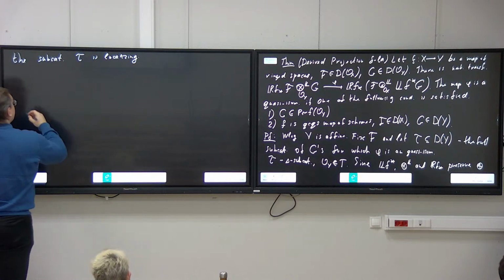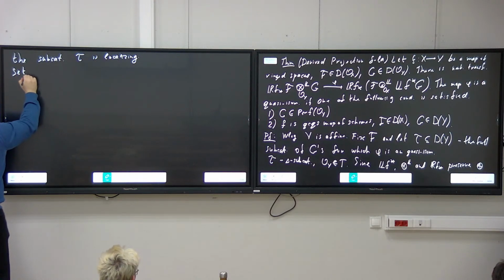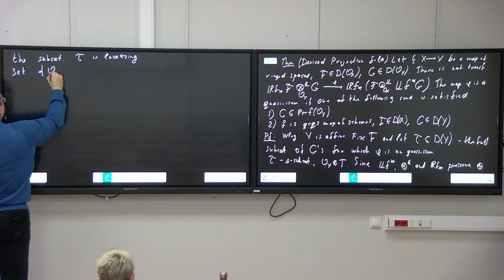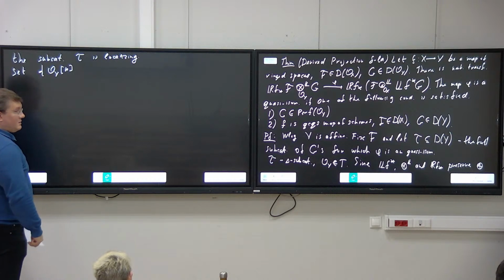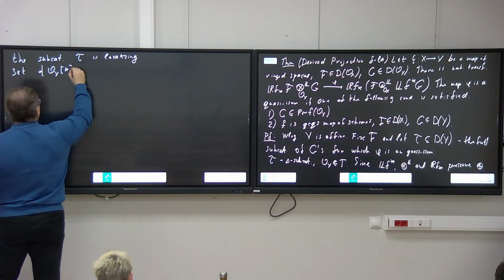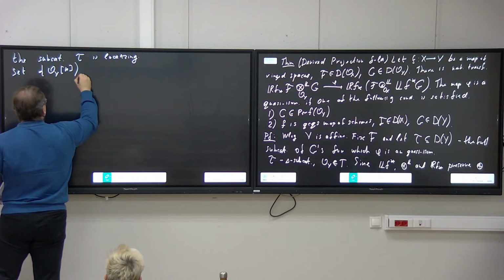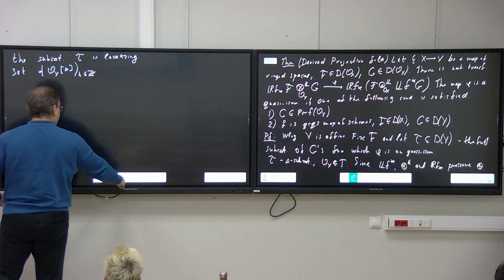Okay, so the final remark is that if we look at the set which is just the structure sheaf, remembering that Y in this case is affine, you take the structure sheaf and all its shifts by some integer.